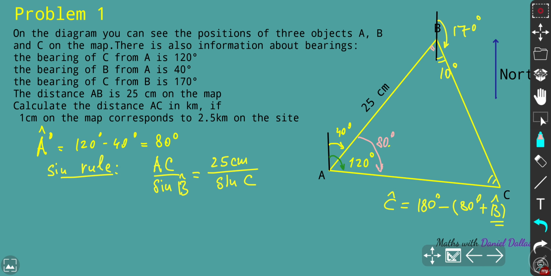So which way can we do that? If we consider the north direction here and the north direction there, those two segments are parallel.